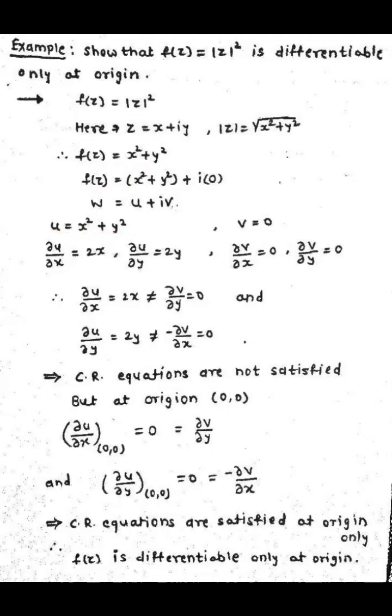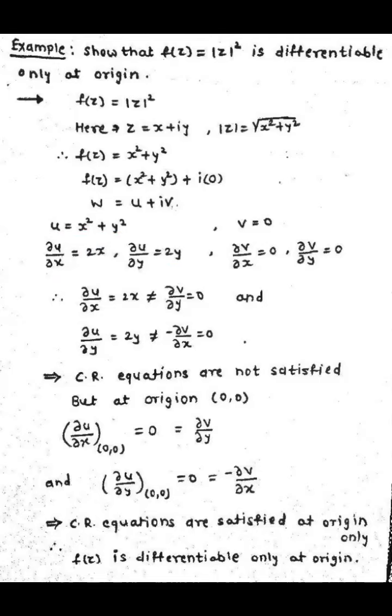Immediately we can calculate the derivatives. ∂u/∂x, differentiating with respect to x, gives 2x. If u is differentiated with respect to y, we obtain 2y. If v is 0, then the derivative of v is 0, either with respect to x or with respect to y.